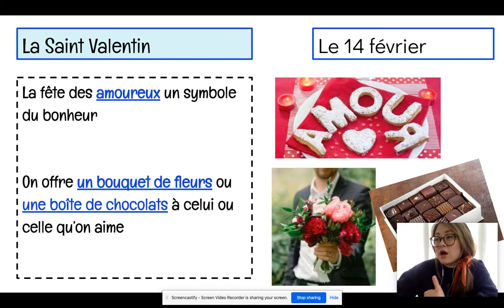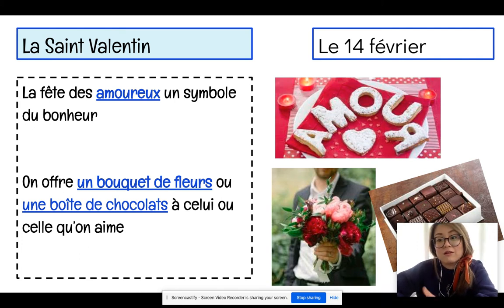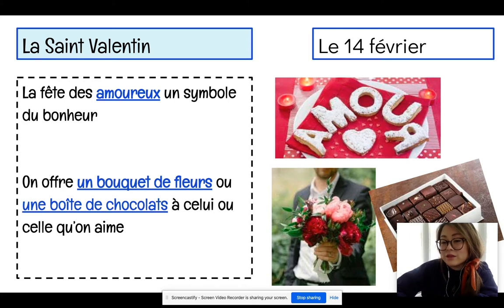Par exemple, aux écoles élémentaires aux États-Unis, une tradition pour les enfants américains, c'est d'échanger les cartes et les bonbons pour la Saint-Valentin. Mais en France, cette fête est plutôt réservée pour les amoureux. So this is more of like you're in a relationship with somebody and you're going to celebrate Valentine's Day instead of with friends and classmates like we do in the United States.